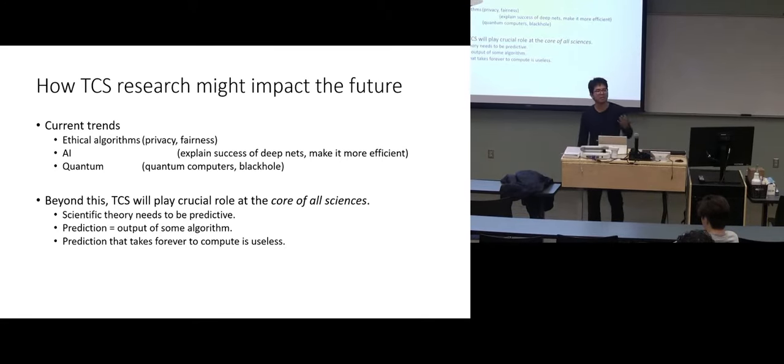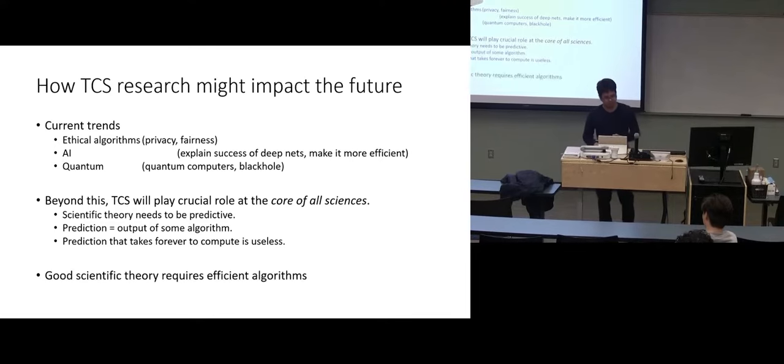It's the output of some procedure, some algorithm. If that procedure takes forever to compute, then it doesn't mean anything. It's not predictive anymore. So for a theory to be predictive and effective, it needs to be efficient.